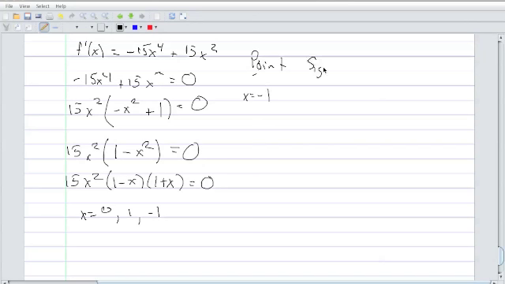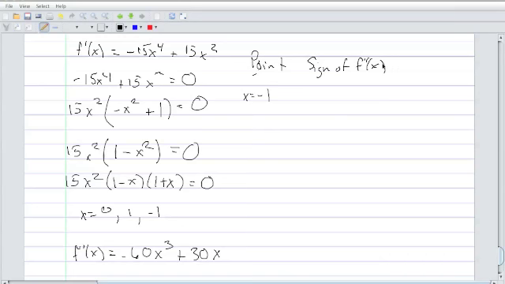So I think we need our f double prime. Our f double prime is going to be negative 60x cubed plus 30x.